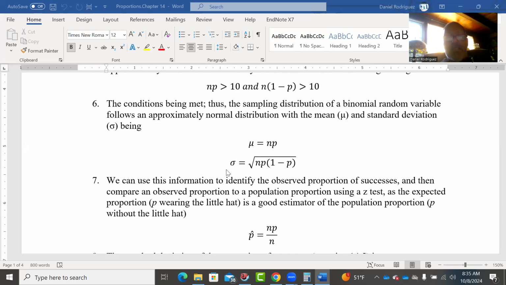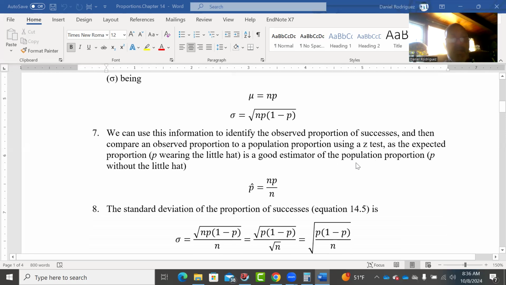And this is its standard deviation, the square root of npq. Sometimes we use q instead of 1 minus p, because people don't want to always write 1 minus p for the probability of failure. So they'll say let q equal 1 minus p. So it's np times 1 minus p. If we want the variance, we square that.